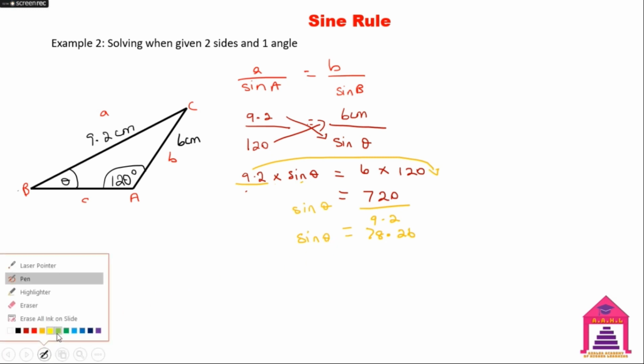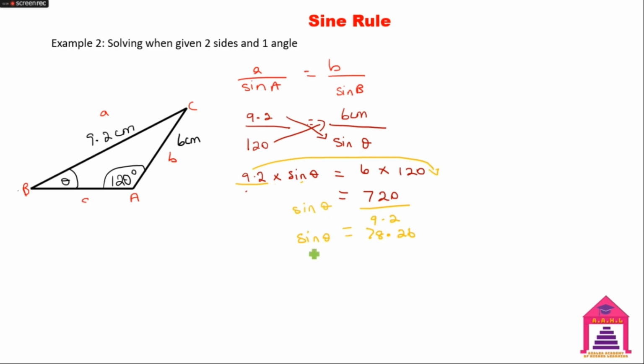I'm doing it real slow for you. This sine theta here is the same as saying sine multiplied by theta, right? What we want to know is the value of theta.